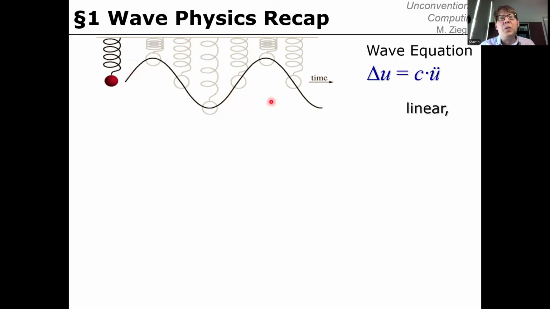Like with the waves on a pond, the water is not really moving sideways, it's just moving up and down, but it creates the appearance of the waves moving away from where you threw the stone. Okay, so waves move, but the actual medium does not move.